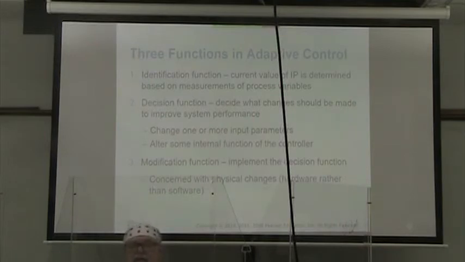That may be a change of one or more input parameters, or it may alter an internal function of the controller. And a modification function that implements the decision function. So in that case, we are concerned with what is changing in the hardware aspect rather than the software aspect.